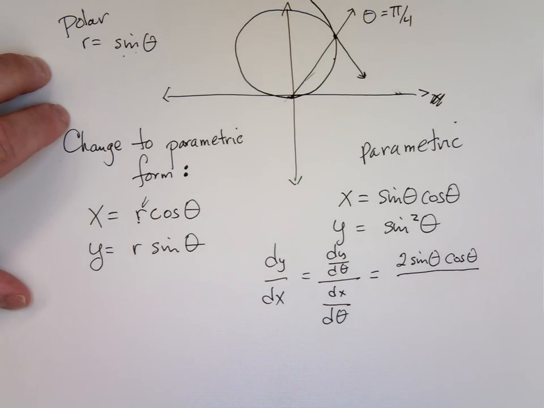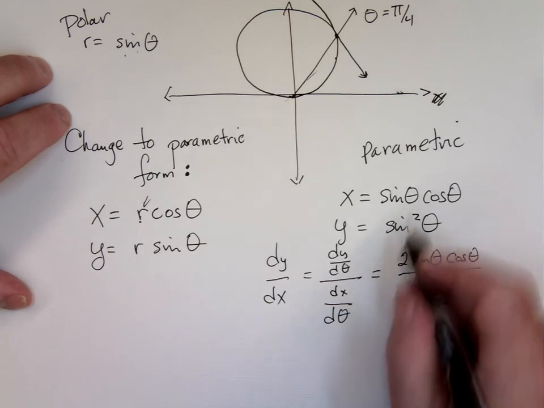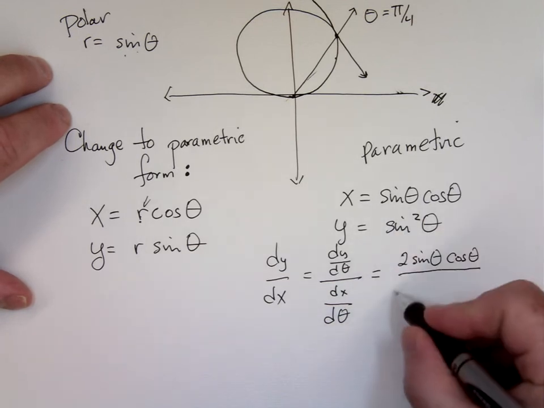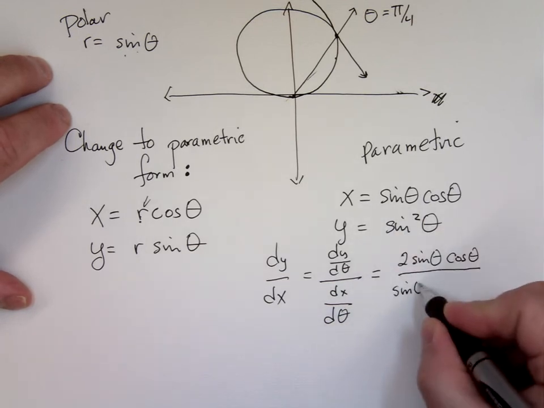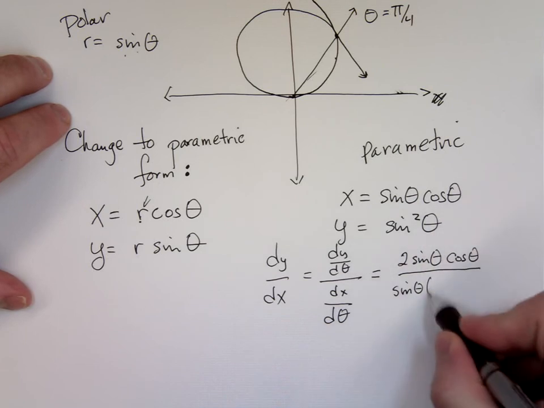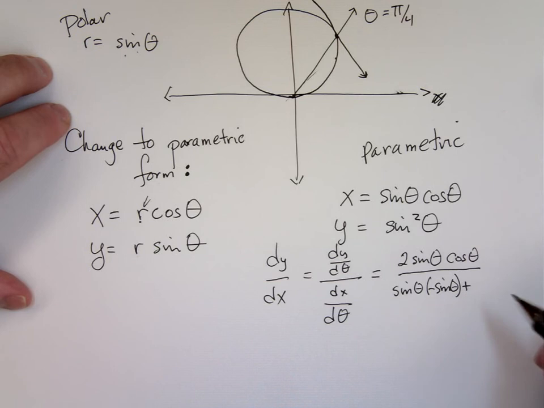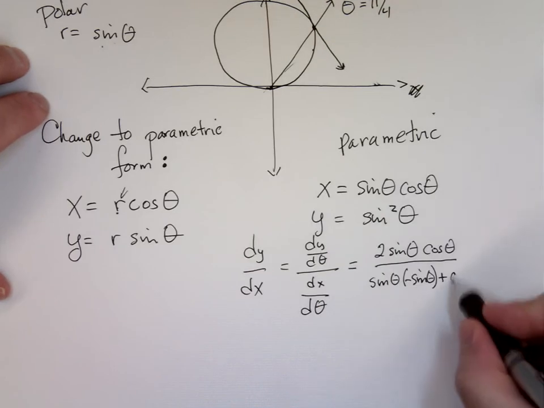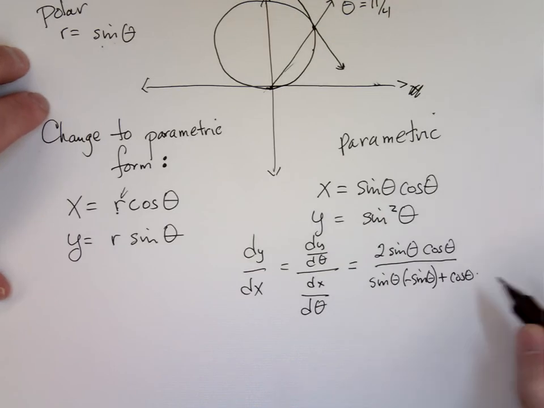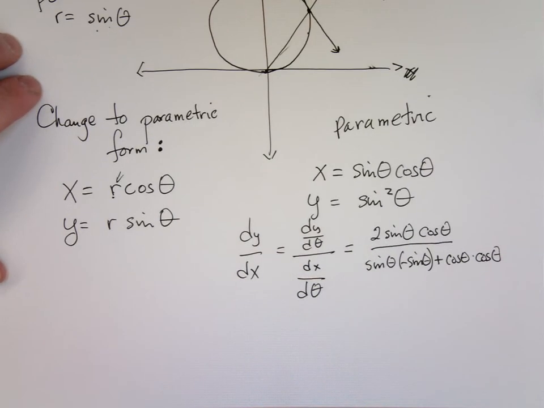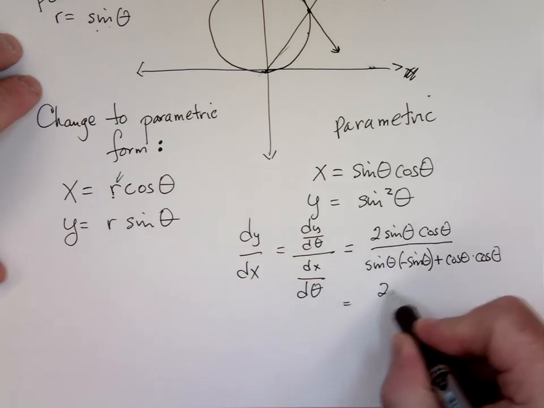Okay. Let's take dx/d theta. Take the derivative, product rule: first times the derivative of the second, plus second times the derivative of the first. We end up with 2 sine theta cosine theta.